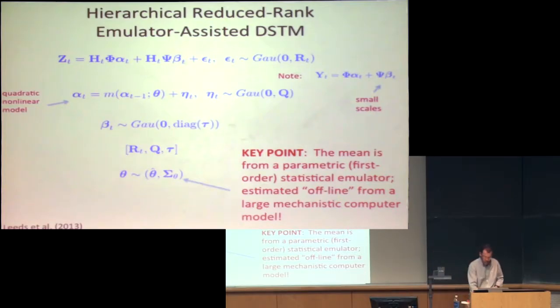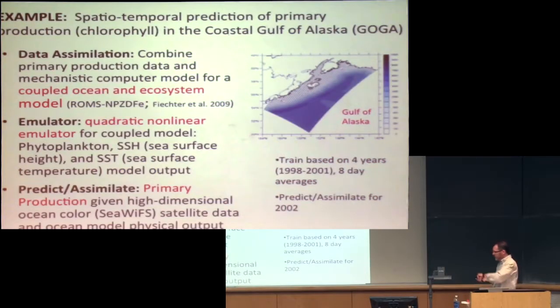Okay. And so to finish up, let me show you the example. So I started with this, I'll finish it. Okay. This is trying to predict that chlorophyll ocean color field that I showed you before. So I want to combine some of the data I have from satellites with a fairly complicated, high-dimensional ocean model that has a coupled ocean, atmosphere, and biosphere interaction going on.